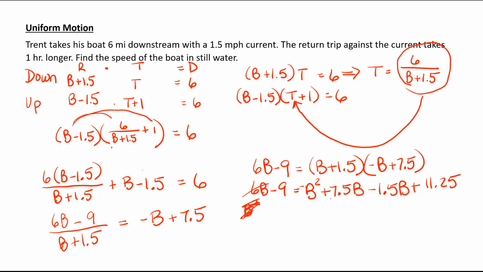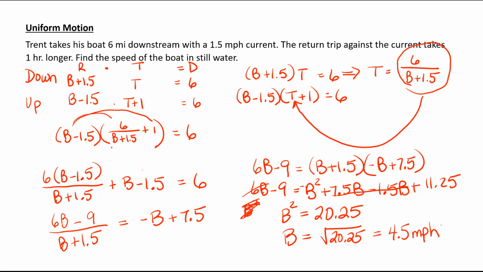So the 6b cancels out, and you just end up with b squared on the right, and then add 9 on both sides, and you have 20.25. So b, normally we would say plus or minus, but since this is a boat's speed, it can't be negative. So it's just going to be the square root of 20.25, and if you punch that into your calculator, it's not about 4.5, it is 4.5. So that's 4.5 miles per hour for the rate of the boat in still water.